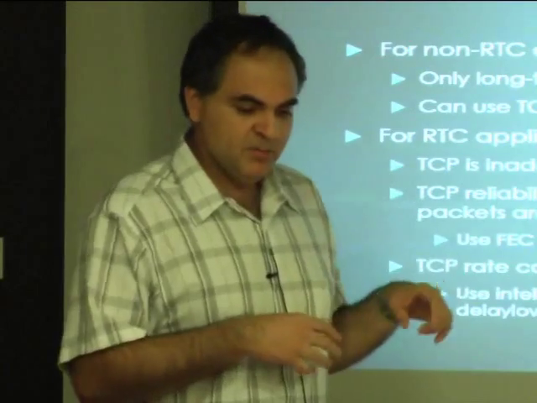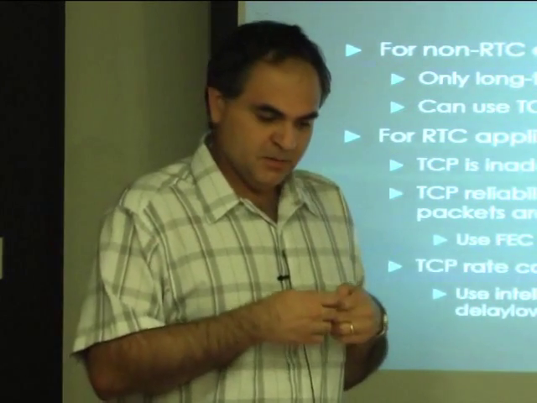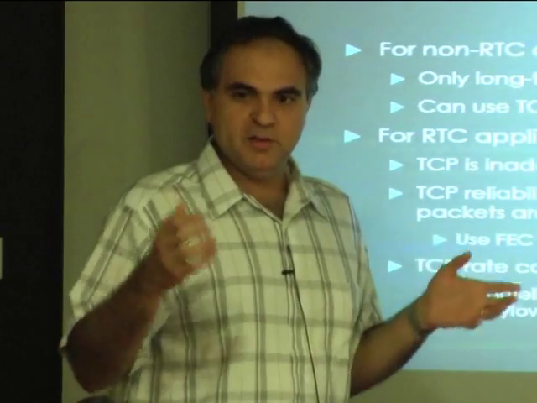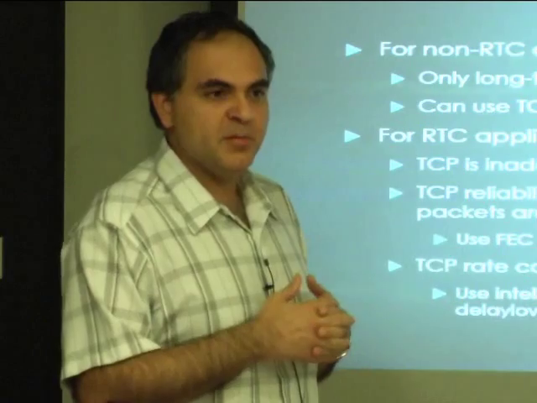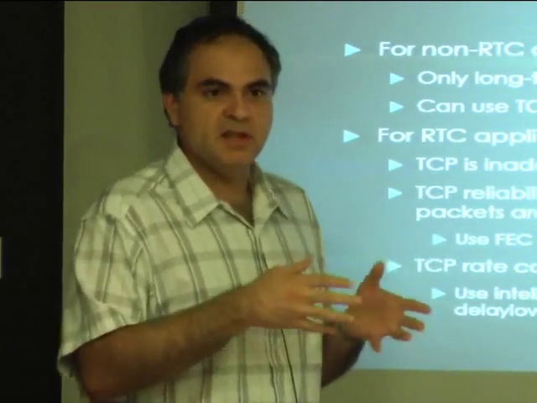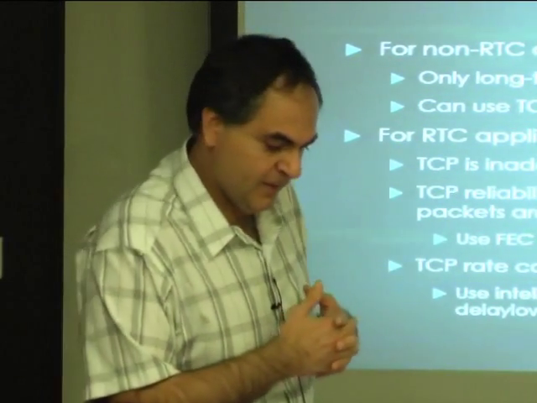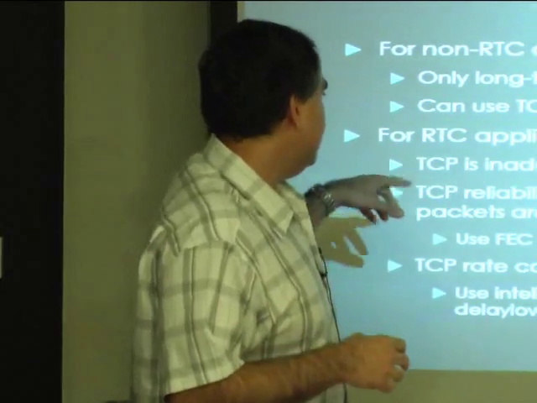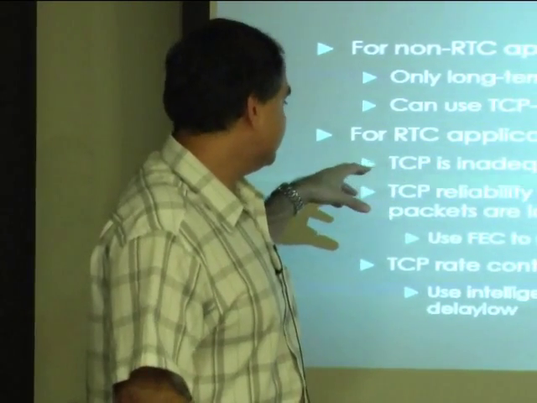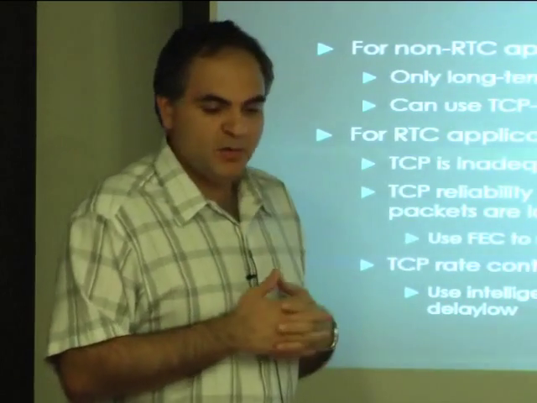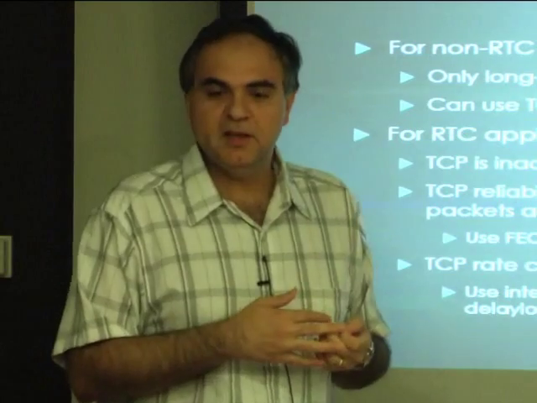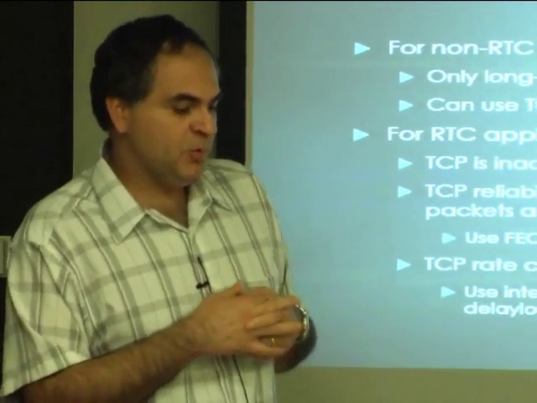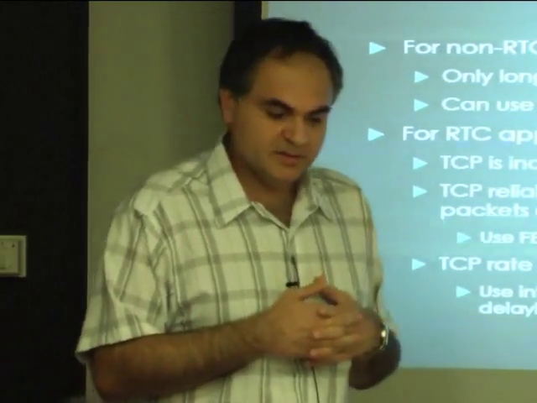For non-RTC applications, only long-term average throughput matters. For file download, it only matters what the overall long-term average throughput is, which determines how long it's going to take to download the file. However, for RTC applications, since the end-to-end delay requirement is there, you can't use standard protocols like TCP for transporting the data.